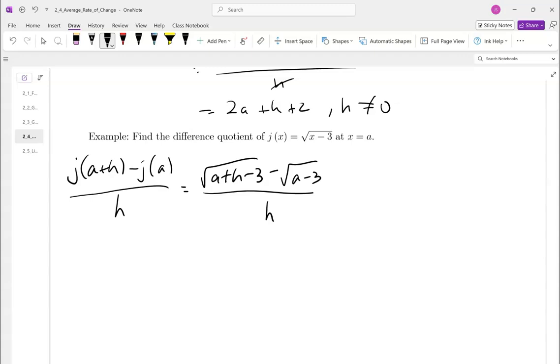Second part, I take out the x and just put in a. Again, the entire goal of these problems is to get rid of the h in the denominator. Can I get rid of the h right now? No. So I need to do something algebraically to get rid of that h.